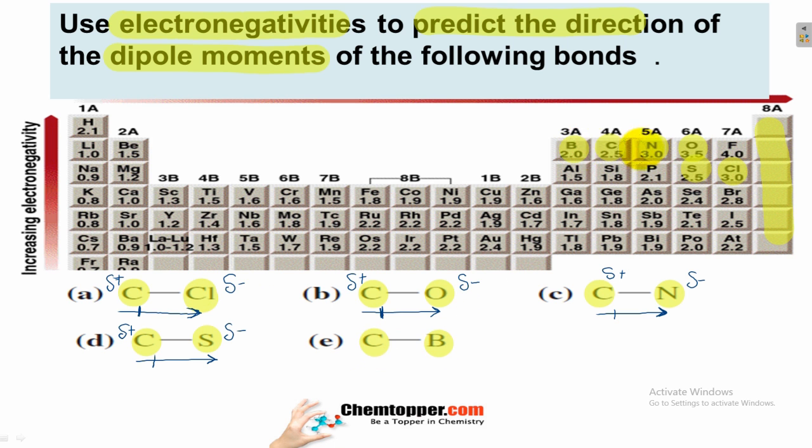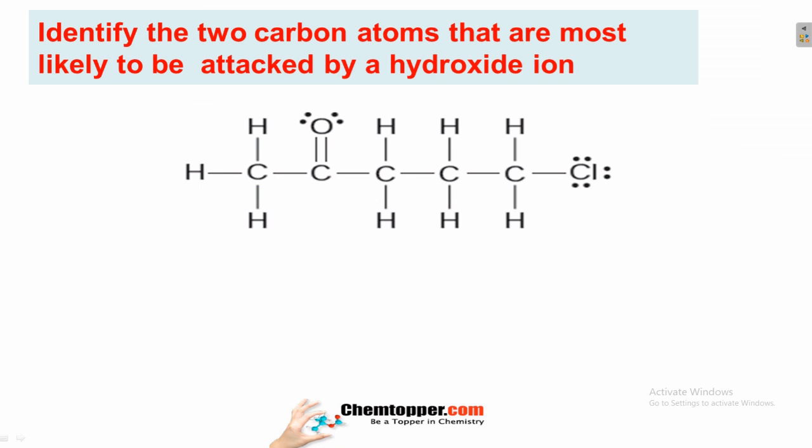Next is carbon bonded with boron. Boron is less electronegative than carbon because it is bigger in size than carbon. So there is a partial negative on the carbon and a partial positive on the boron. Now this time the tip of the arrow is in the direction of carbon and the tail is in the direction of the boron.